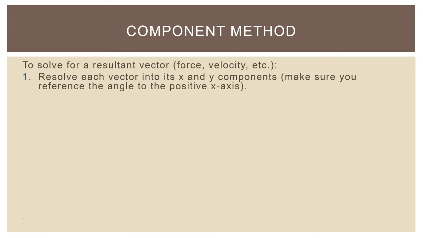You need to make sure you reference the angle to the positive x-axis. Now, we actually already talked about this when we were talking about finding the angle for projectiles and how to find the components for a vector. But this part is very important. When you're resolving each vector into its x and y components, you need to make sure you reference the angle to the positive x-axis.